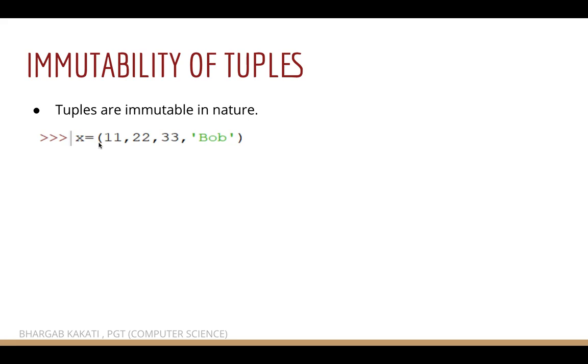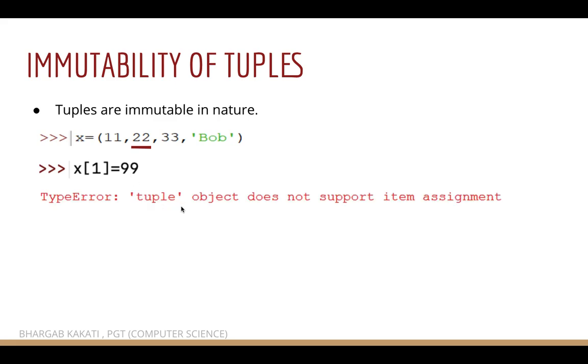For example, let's say x equals (11, 22, 33, 'Bob'). Now if I decide to change this value 22 into something else, let's say 99, then I have to do it like this. x, what is the index of 22? It is 1, so x[1] = 99. The meaning of this statement is that in place of 22, I am planning to put 99. But as I press the enter key, I'll get an error here.